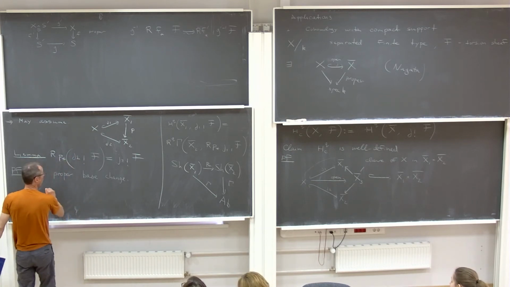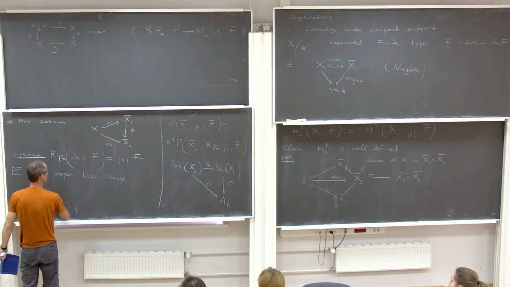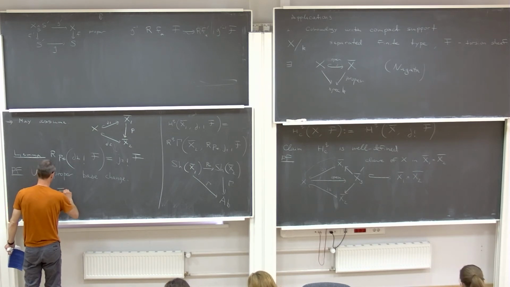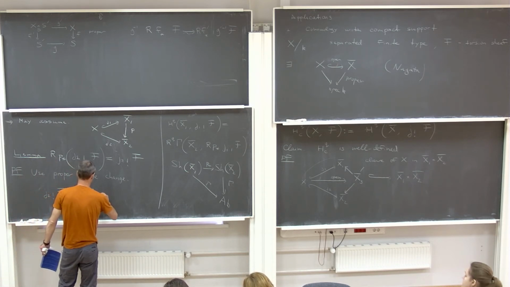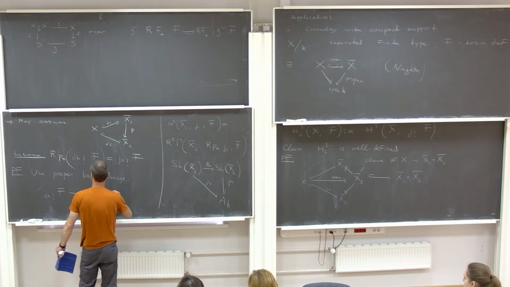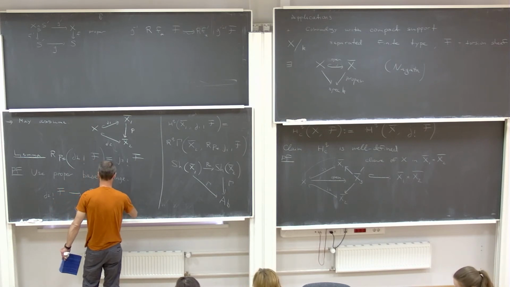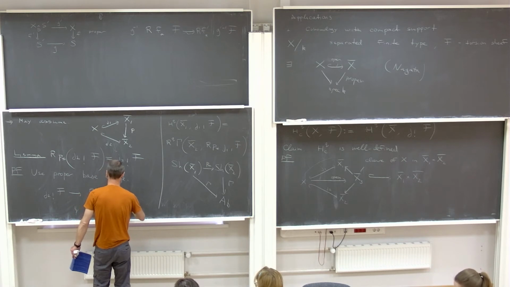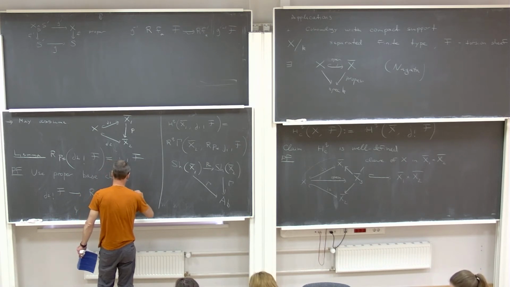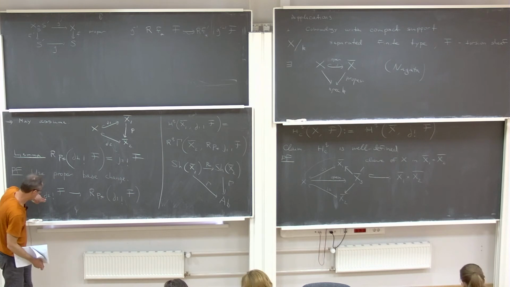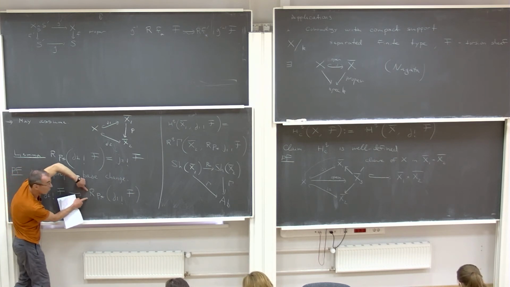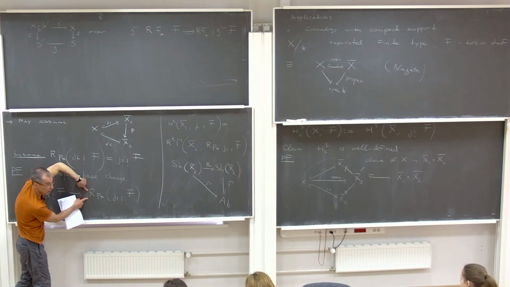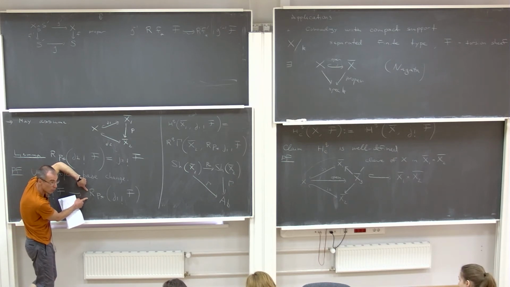By functoriality, by adjunction, we have a map from this guy to this guy. Just because constructing such a map is equivalent to constructing a map from F to the restriction of this to X. And we agreed that the restriction of this guy to X is F itself.